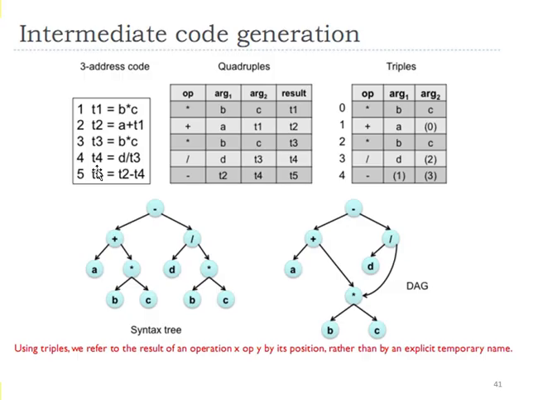So if any expression in the source program has more than 3 operands, we need to break down that expression into sub-expressions, each with a maximum of 3 operands.